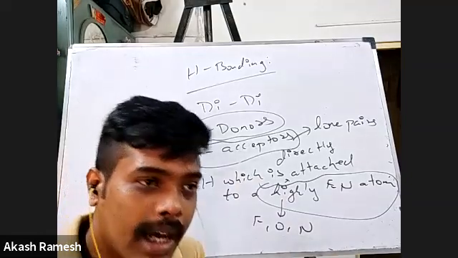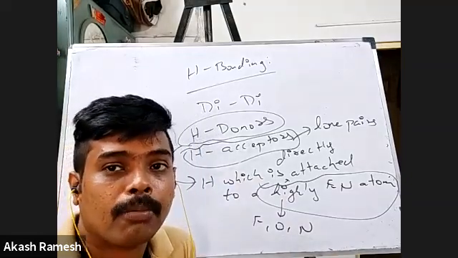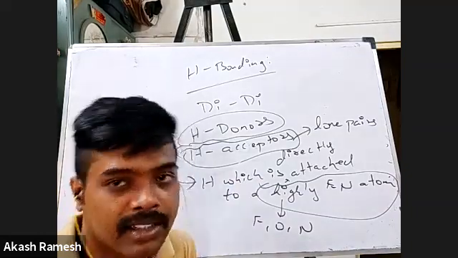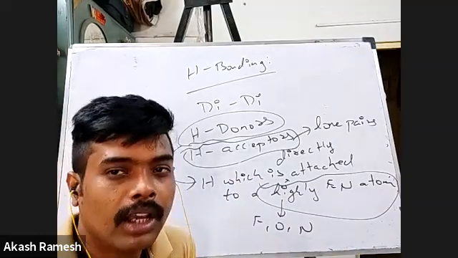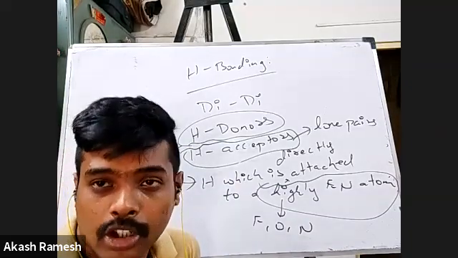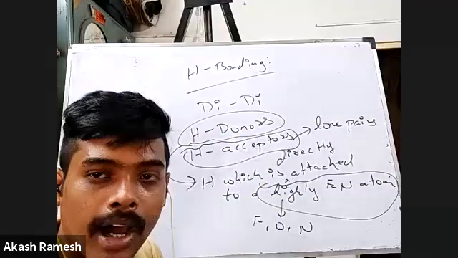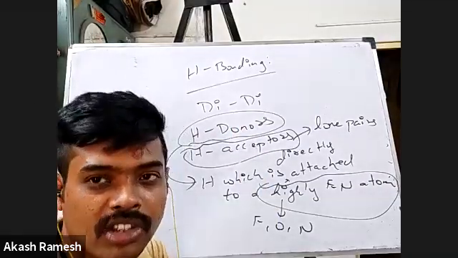Now there are species which can act as both hydrogen donors as well as hydrogen acceptors. The best example can be H2O. In H2O, I have an OH bond that acts as hydrogen donor, and I obviously know oxygen atom has lone pairs.